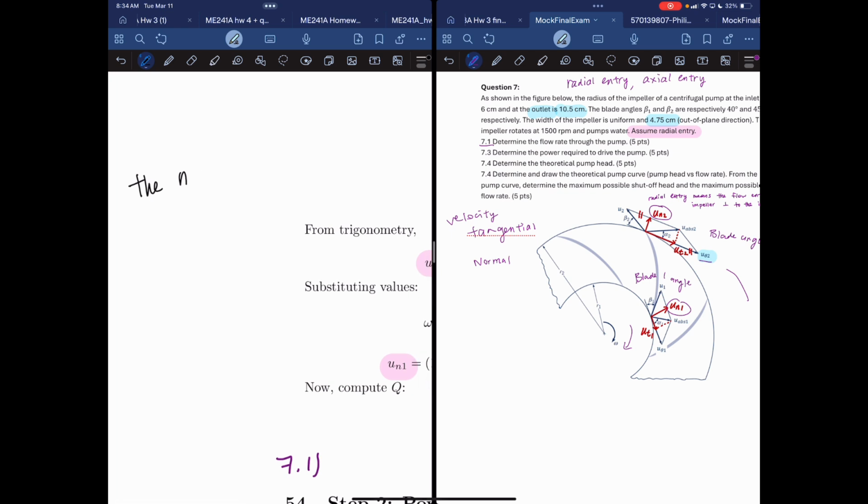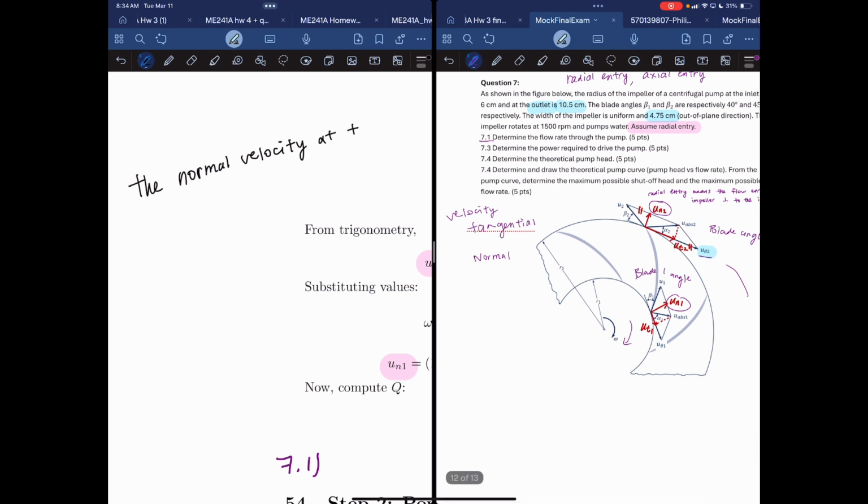So the normal velocity at the inlet, aka un1, determines the mass flow rate. That's why we first calculate that.